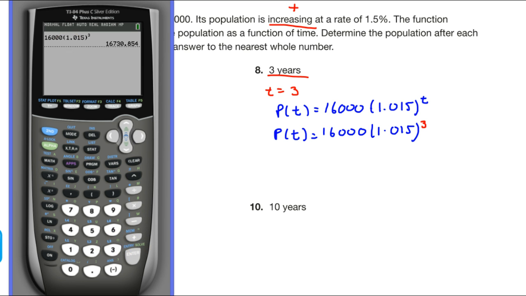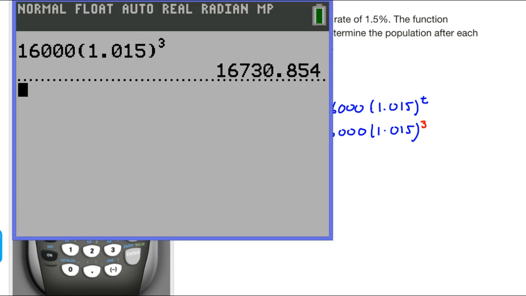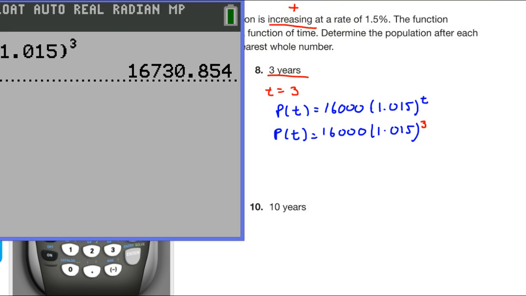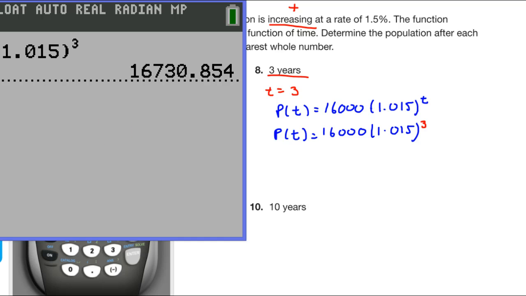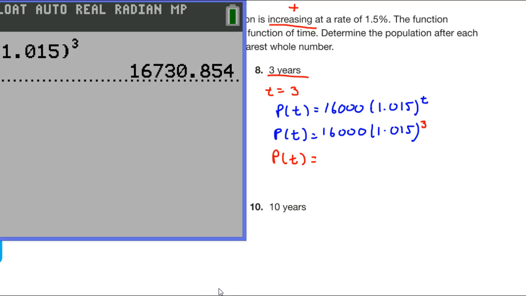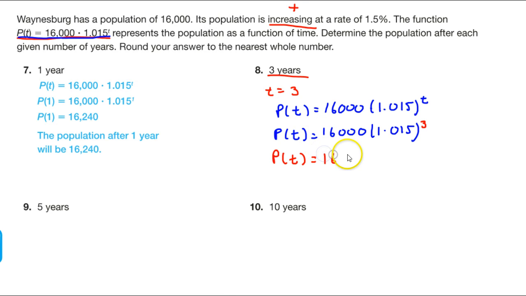And that's our answer. So let me just blow that up a little bit so you guys can take a look. And there's our answer. So we end up getting that our ending population, P of t, is equal to, let me bring that screen back up, 16,730.